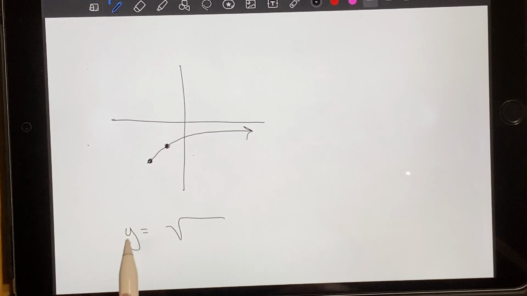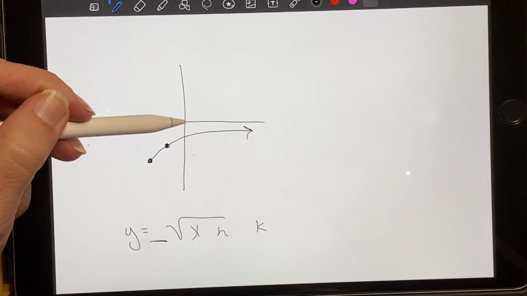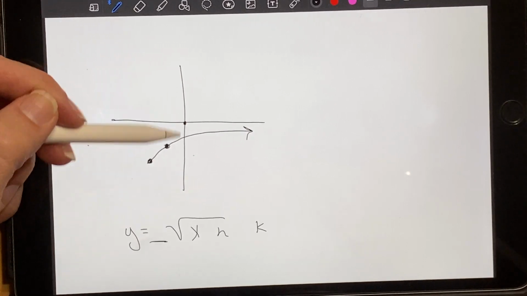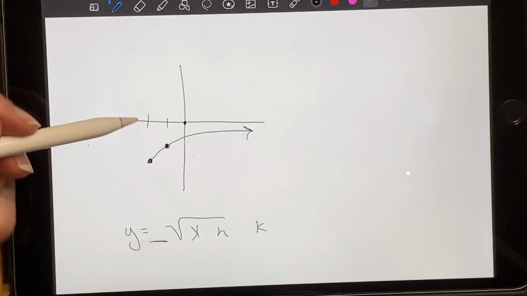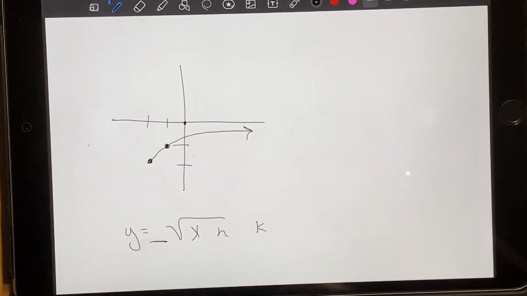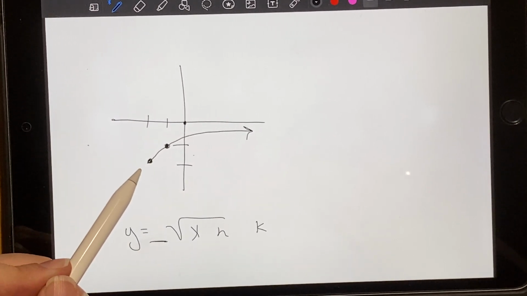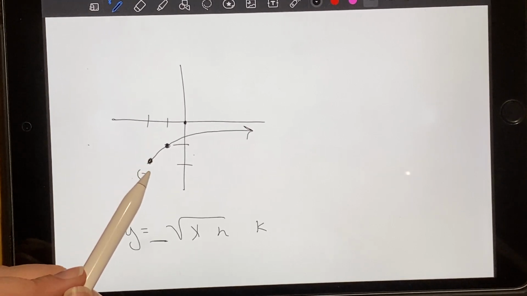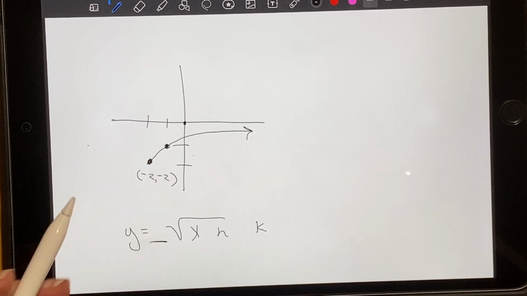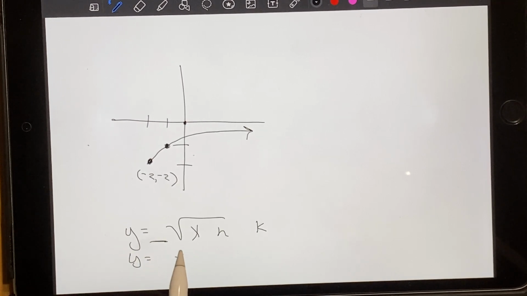So I could start with y equals, I don't know what my a is, I know I've got an x in here. And then do I have an h and do I have a k? Well, it doesn't start at the origin, so yes, for this graph you would have an h and a k. In this case, if the vertex is at (-2, -2), then I could plug in that my h value is +2, the opposite, and my k value is -2.